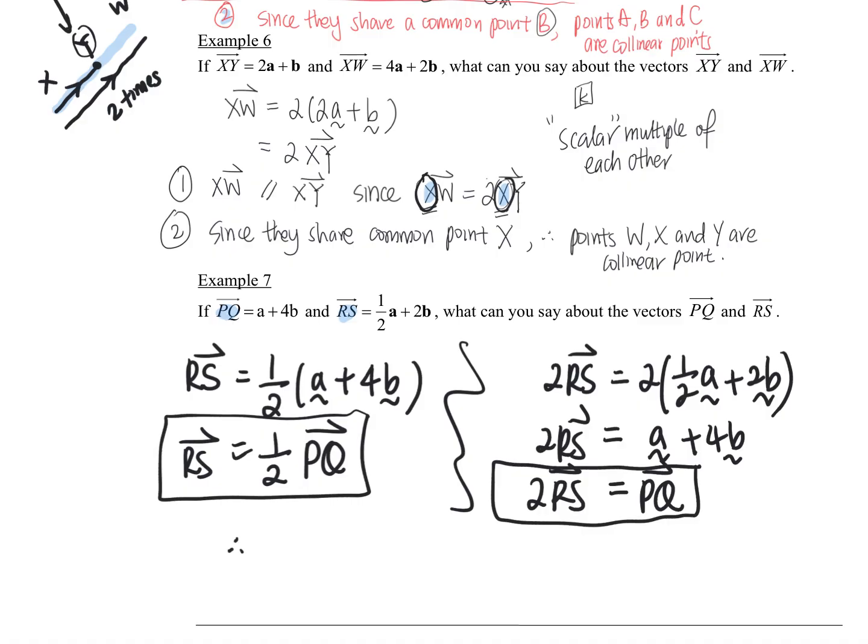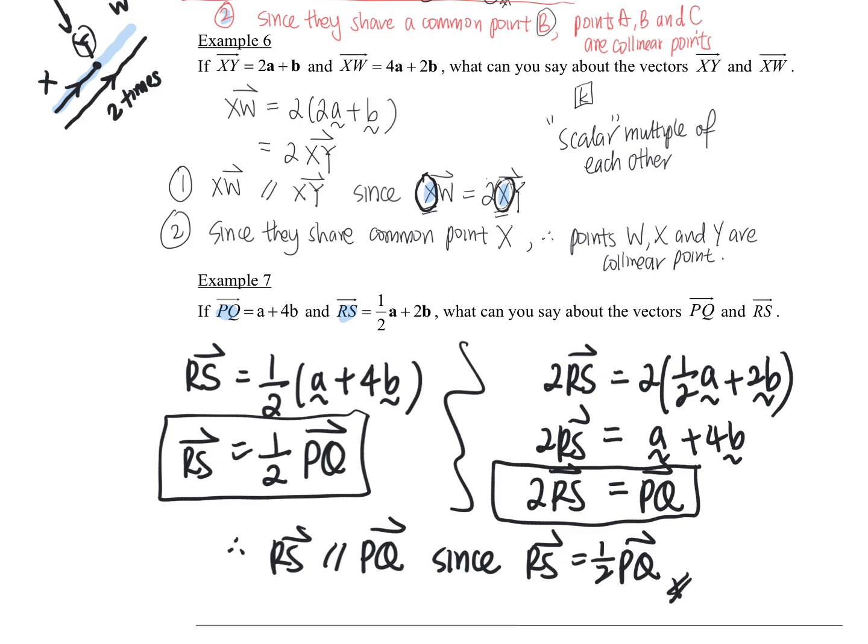So either case, whether it's half of PQ or whether PQ is twice of RS, you can conclude that RS is parallel to PQ. Okay? But you cannot say they are collinear because they have no common point. PQRS, 4 different points.